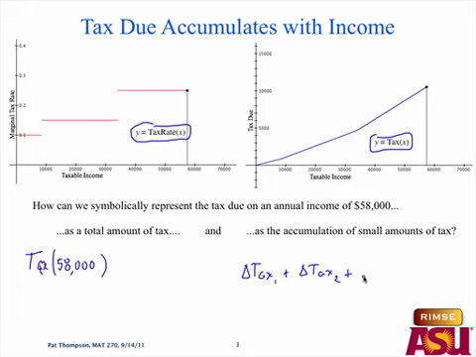Okay. And how many of these are we going to have that we're summing together? 58,000. Lots, right? Every single dollar. So the last one would be 58,000. So you see that this sum is the same as what's represented on the left, the total amount you would owe.